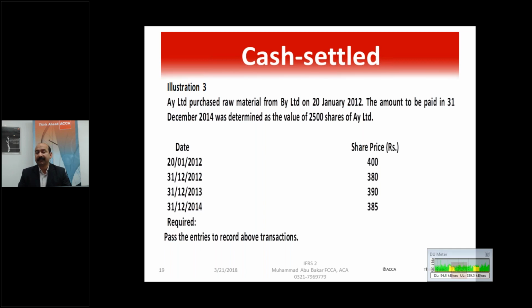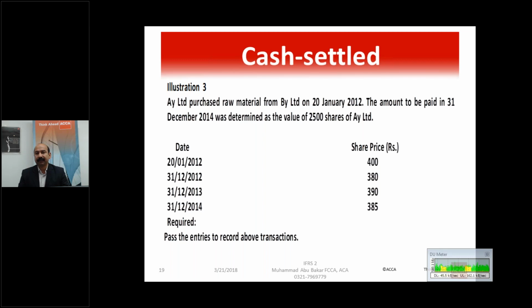So your liability will increase by 25,000. Rupees 10 into 2,500. Your liability will increase and you will pass an entry at this date because your liability is increasing. You will be crediting the liability by 25,000 and debiting, of course, profit and loss account. Second effect will go to the profit and loss account after initial measurement.